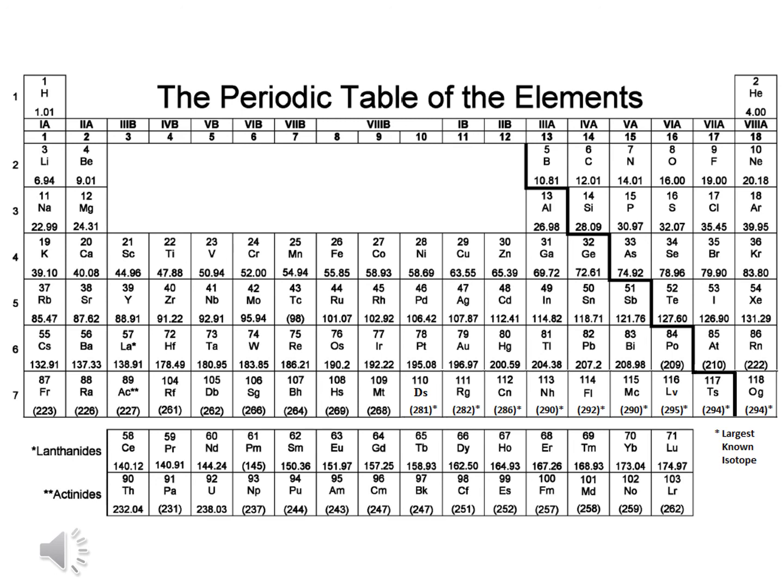The thing is, in order to actually test that, you would have to have enough sample in order to actually determine it. And with the larger elements, usually they just can't get enough of a sample to study the chemical properties. They just know what the element is.